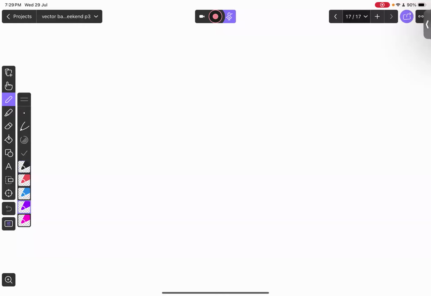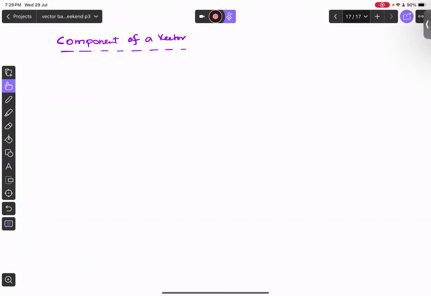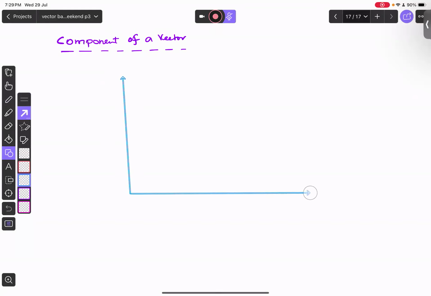Next thing is component of a vector in a direction. For that, I will take an example. Suppose this is our eastward direction, or maybe this is our x direction, and this is our north, or y direction.